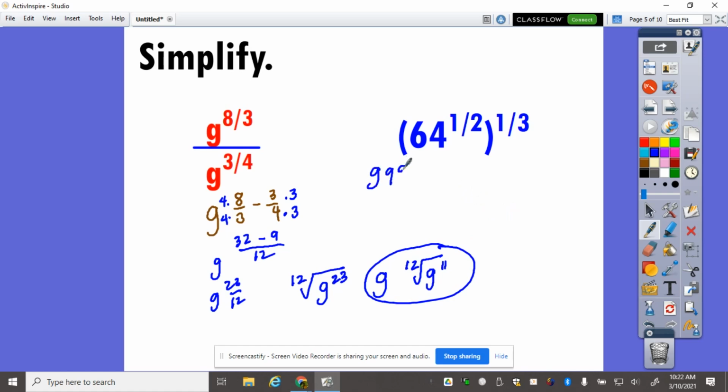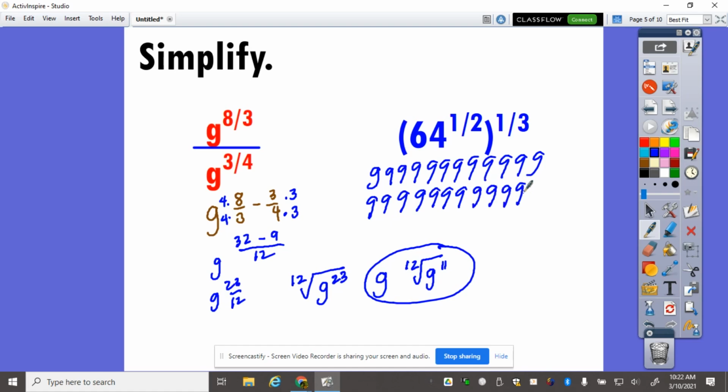Because 1, 2, 3, 4, 5, 6, 7, 8, 9, 10, 11, 12. That's 12 G's, that's a group of G. 13, 14, 15, 16, 17, 18, 19, 20, 21, 22, 23. That is not enough to make another 12 G's, and that's 11 G's. That's why we have G to the 11 there.